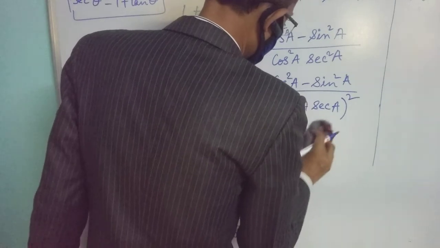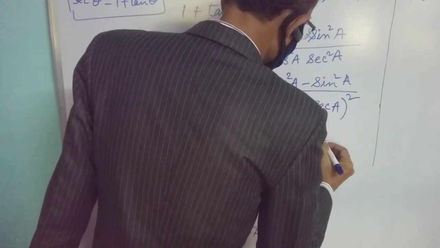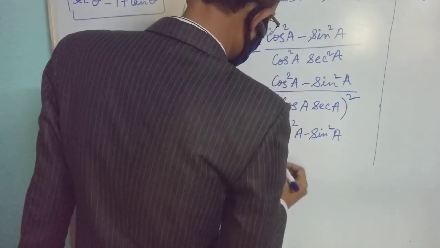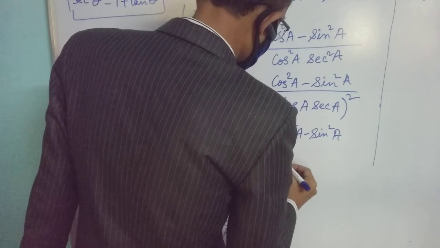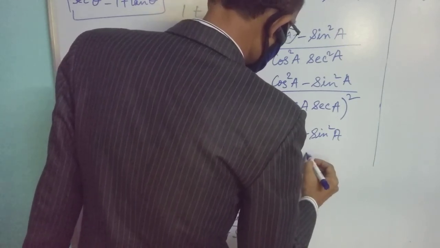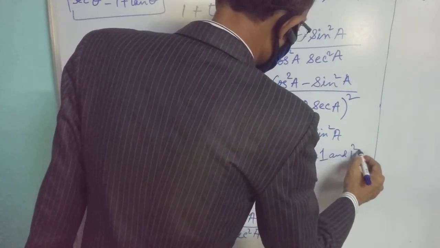Sin square. The denominator is 1, since cos A into sec A is equal to 1 and 1 square is equal to 1.